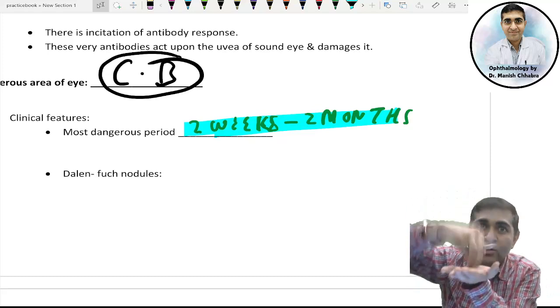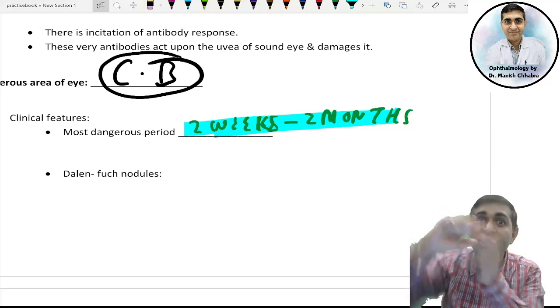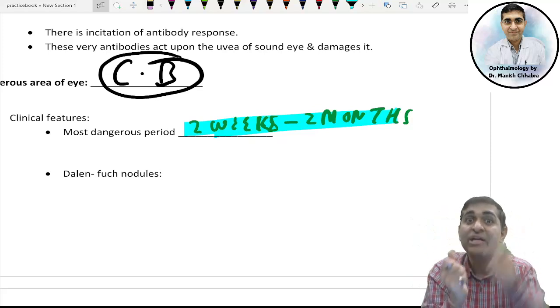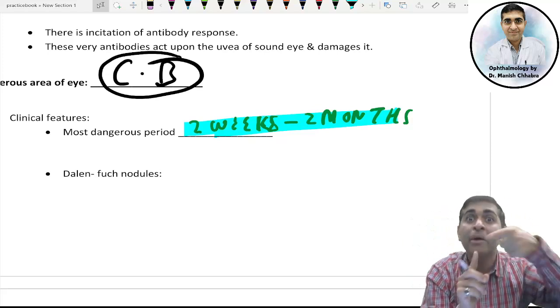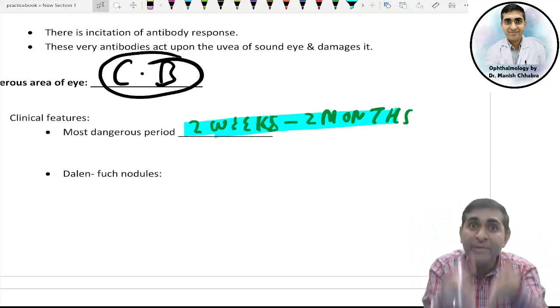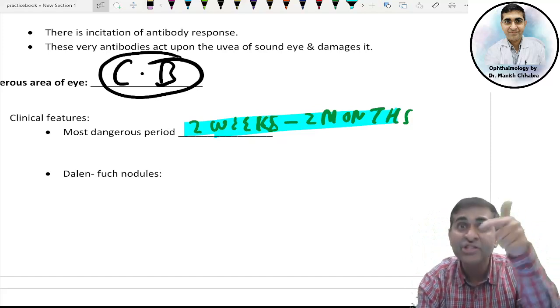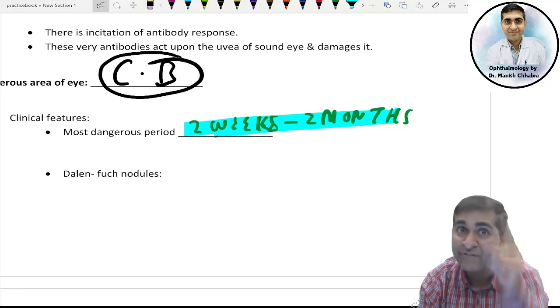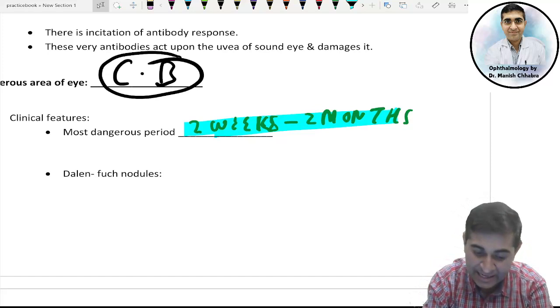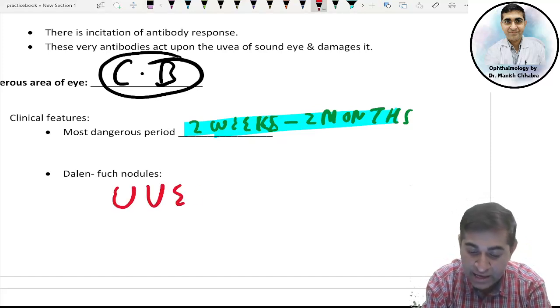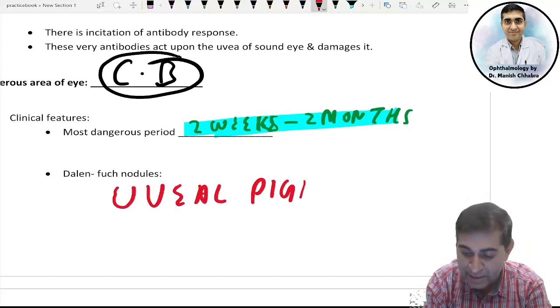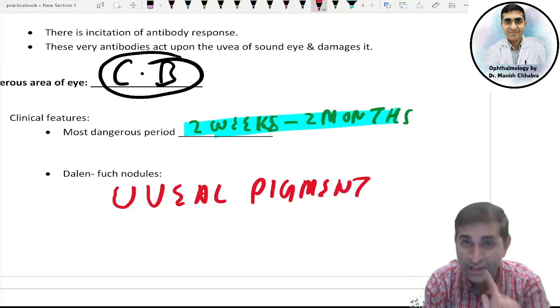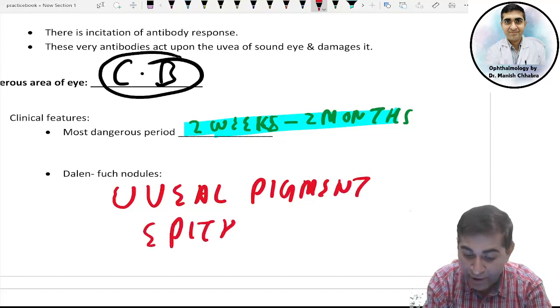Of course, there is Mycobacterium tuberculosis antigen surrounded by epithelioid cells and macrophages. Similarly here, which is the inciting antigen? It is the uveal pigment which has the retina S antigen. So Dehlen-Fook nodules are uveal pigment surrounded by epithelioid cells and macrophages.